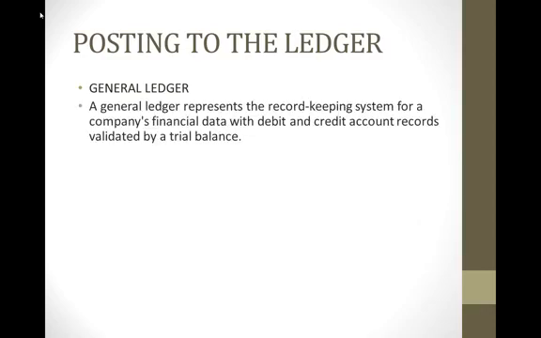Now, let's define general ledger. General ledger represents the record-keeping system for a company's financial data with debit and credit account records validated by a trial balance. Ito po yung third step in accounting cycle: posting to the ledger.